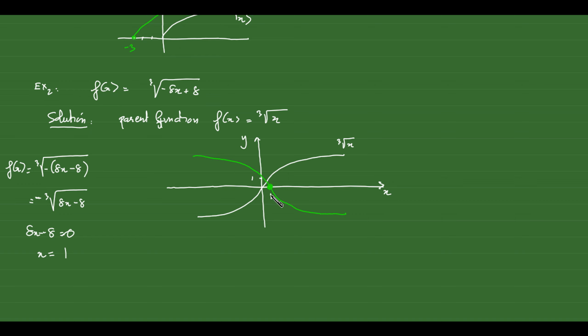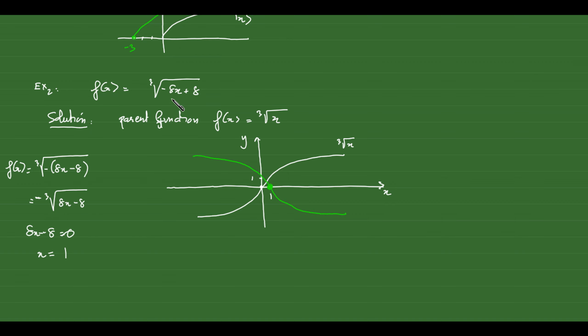Where is the green sketch cutting? We can calculate it if I want to, but we don't have to, because we just want to have the shape. For the original one, it cuts at the origin. But for the green one, it intersects the x-axis at 1. For this one we have to manipulate a little bit.